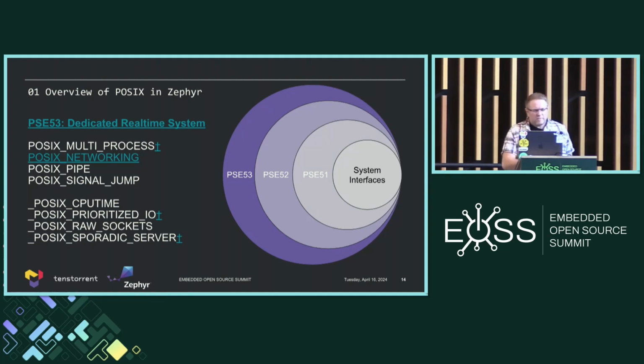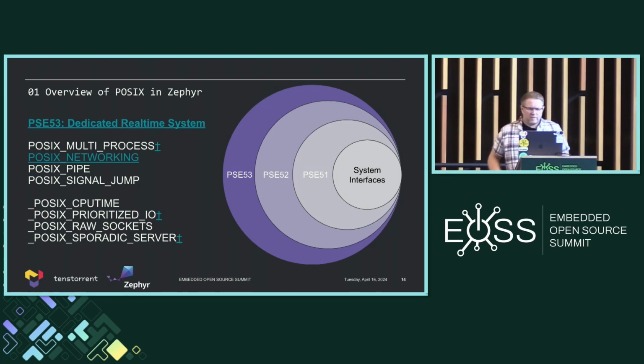Another thing, I think I skipped this on a previous slide. I'm going to jump ahead again. POSIX CPU time here refers to the amount of time that a process has, including all of the children, all the threads that run in that process, how much CPU time it's actually taken up. There's a similar POSIX thread CPU time, which I think would be extremely critical for us to implement.